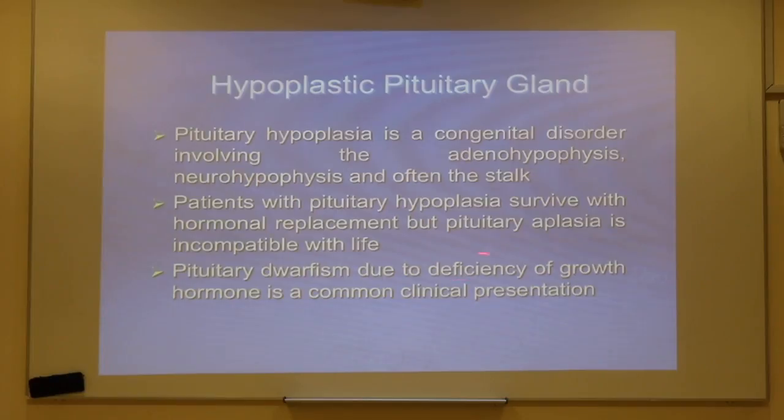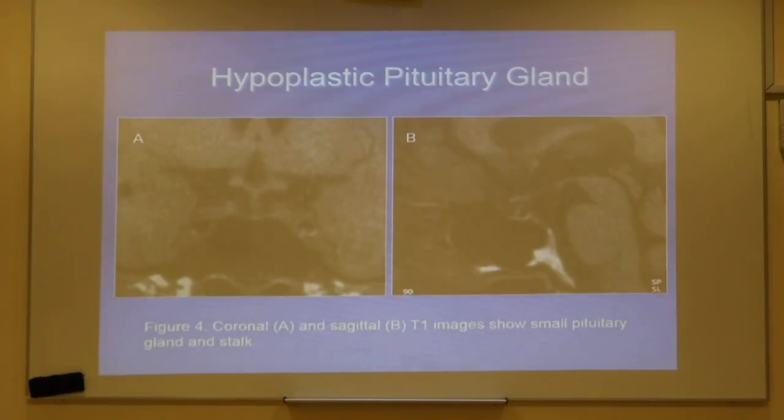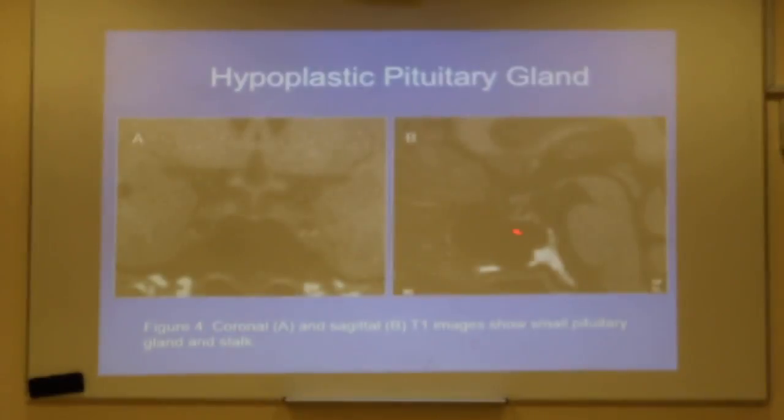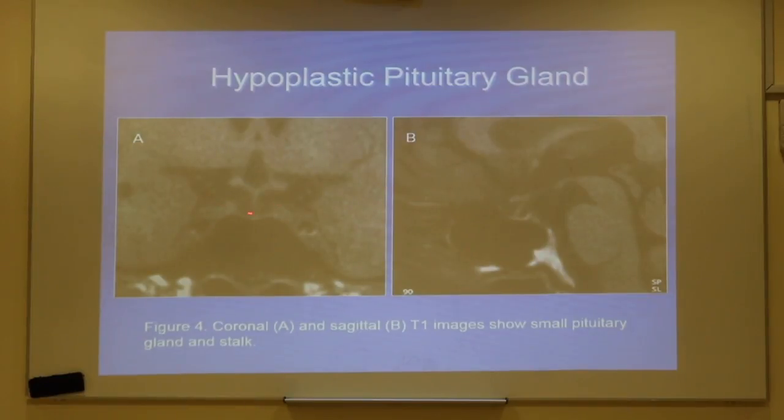Pituitary dwarfism due to deficiency of growth hormone is a common clinical presentation of hypoplastic pituitary gland. This is showing you a hypoplastic pituitary gland. You can see the pituitary tissue is very small in both these diagrams. This is a coronal section, this is a sagittal section, and you can see a very small pituitary gland here.